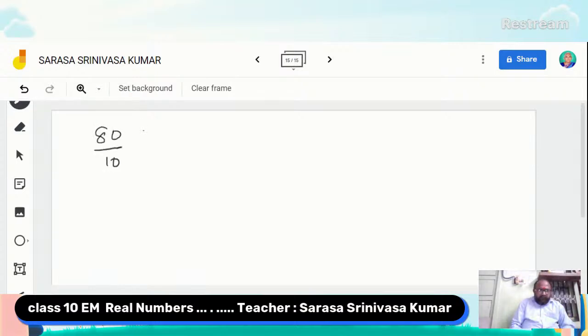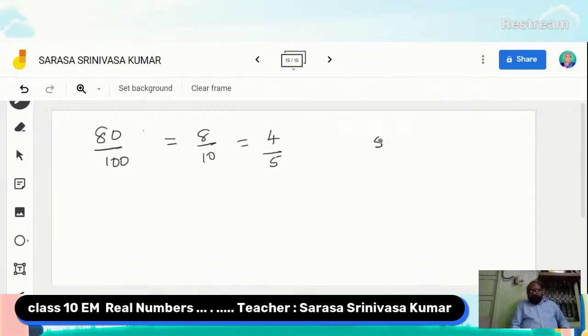80 by 100 means we write 8 by 10. Again we can write 4 by 5. Without any calculations, we can write this. So now 5 is of the form 2 power 0, 5 power 1. So n equal to 0, m equal to 1, by comparing with the form 2 power n 5 power m.